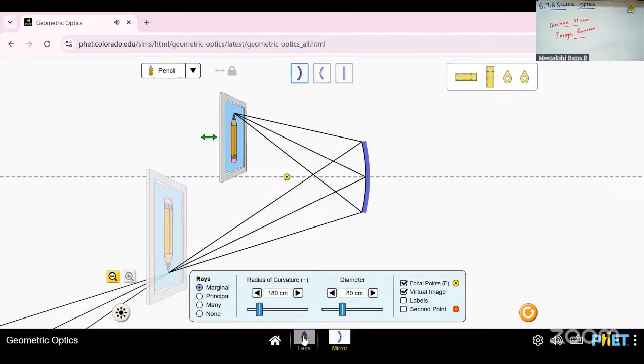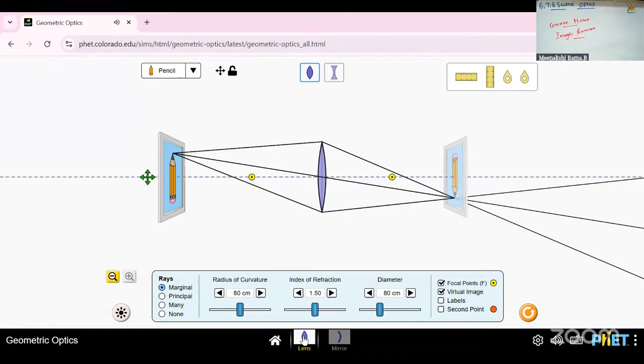That is the second part. In the first part, we learned concave and convex mirrors. This is the concave mirror, and this is the concave lens.